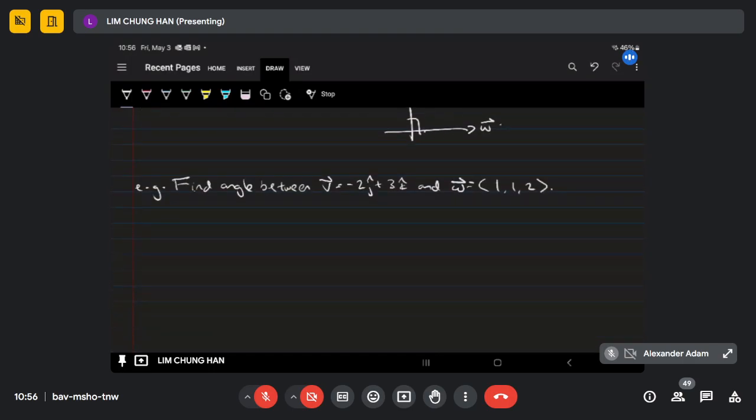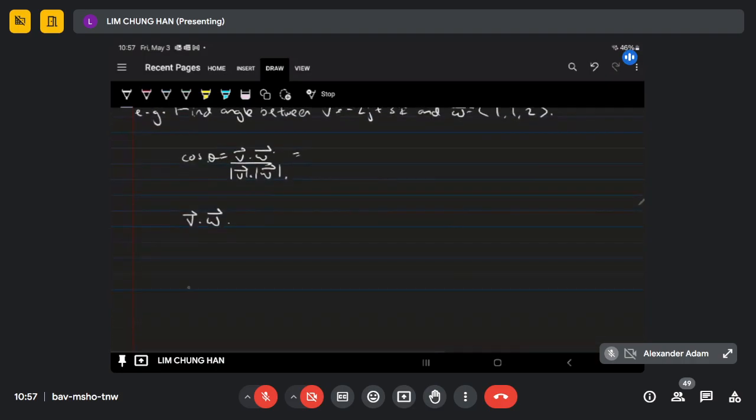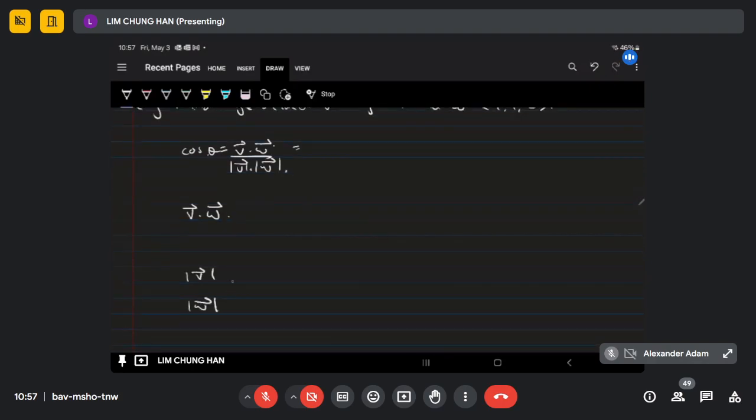So the formula is this. You do vector V dot vector W divided by magnitude of V times the magnitude of W. So you need to find this, this, and this.